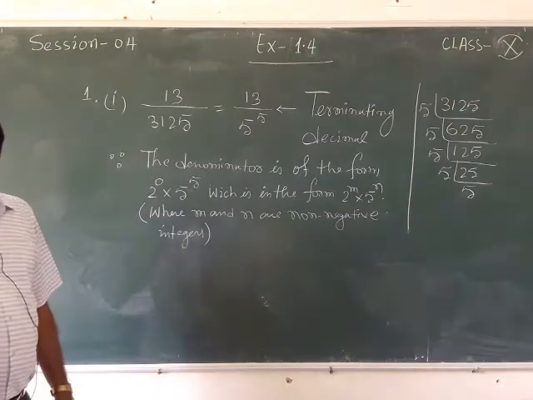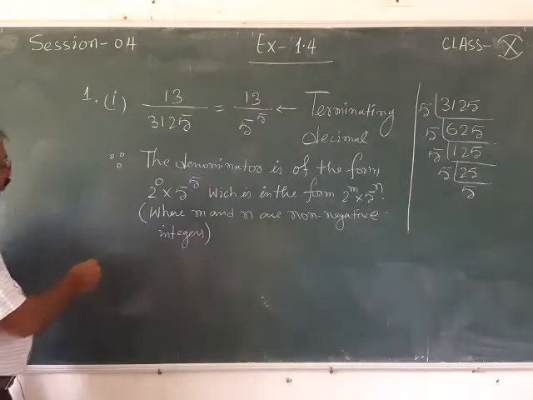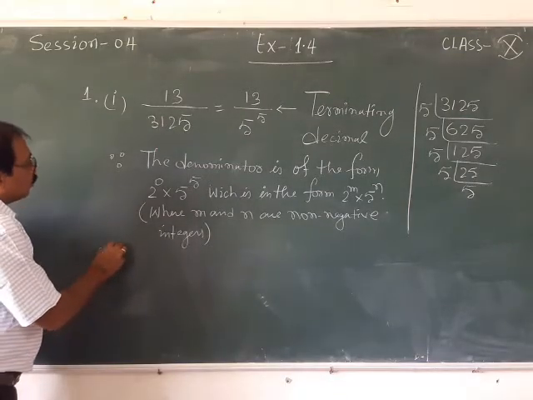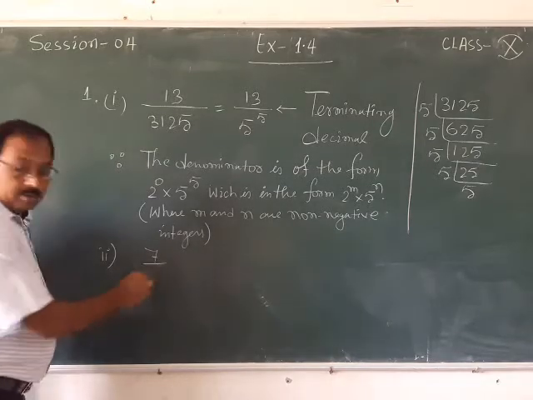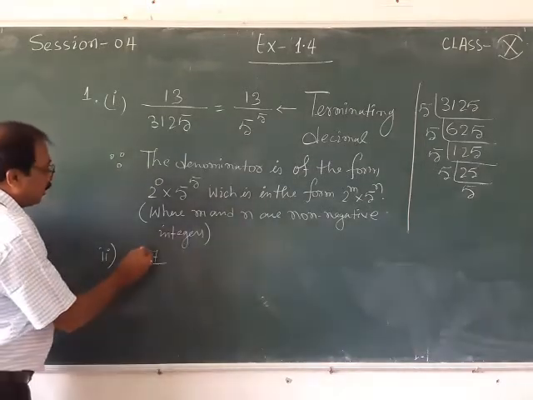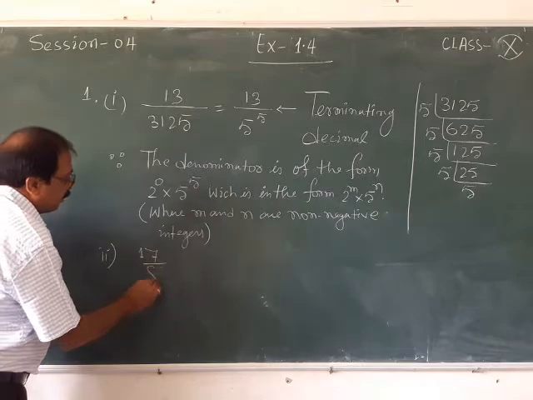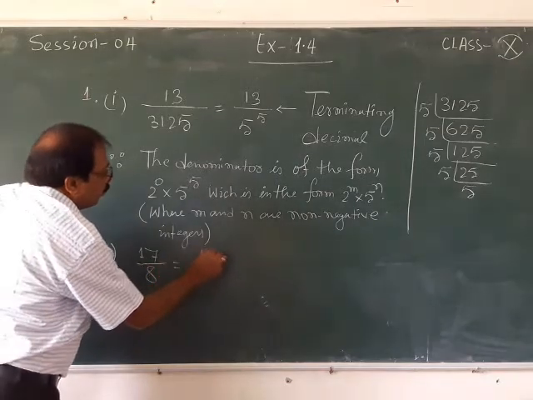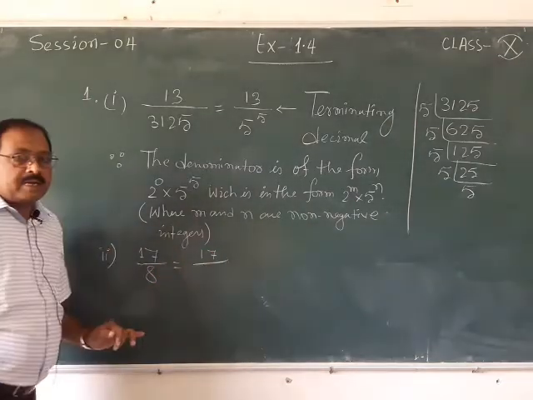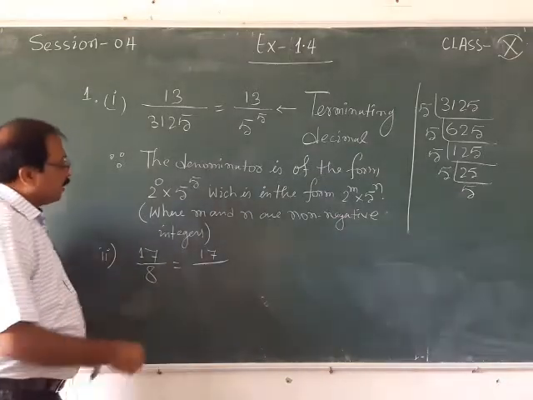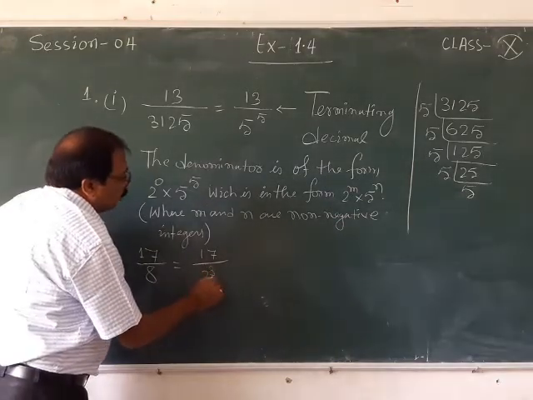So just copy it down and let us see one more question. The second question is 17 upon 8. First of all, you check the prime factorization of the denominator, which comes to 2 to the power 3.